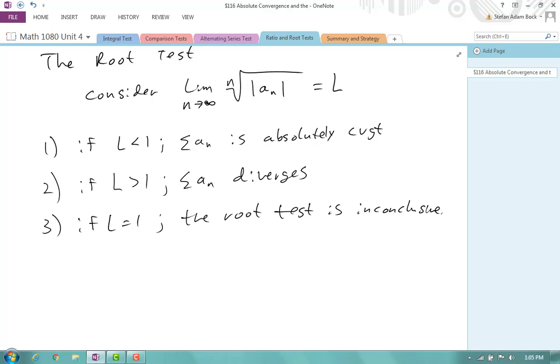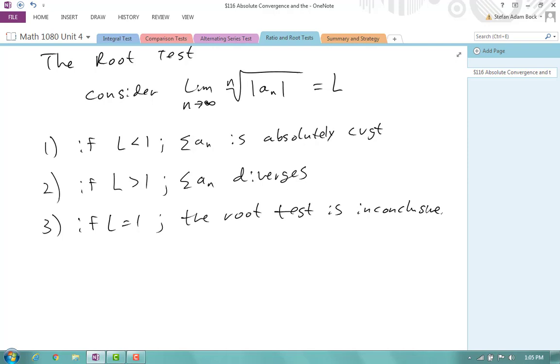They'll either both give you a limit that's less than 1. It probably won't give you the same limit. I'm not actually sure if there's an example. But if L is greater than 1, they will both give you an L greater than 1. And if L is equal to 1, both tests will give you an L equal to 1.